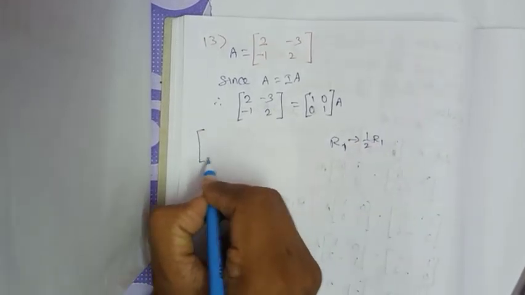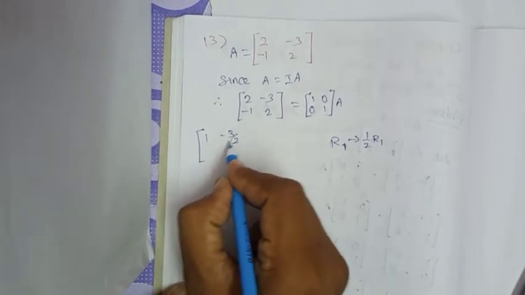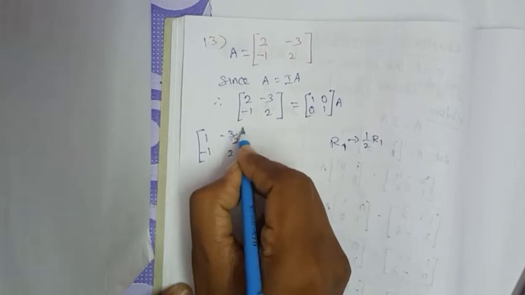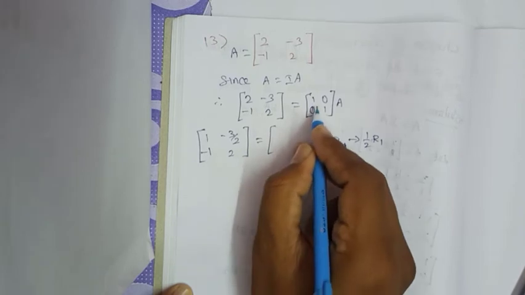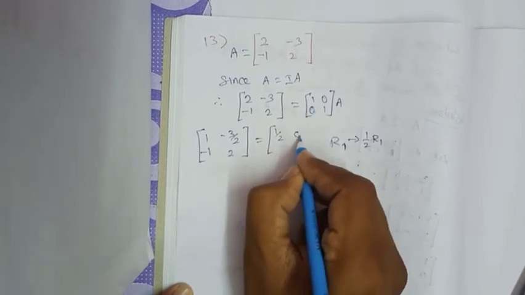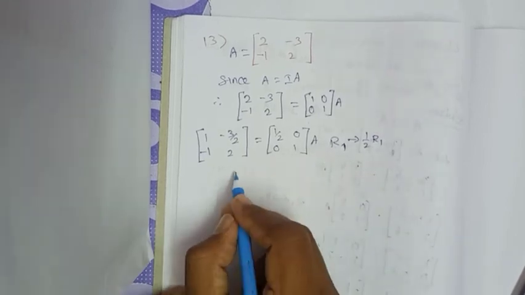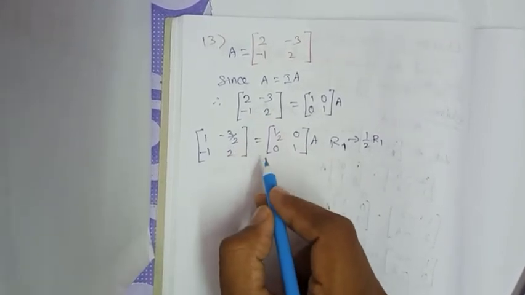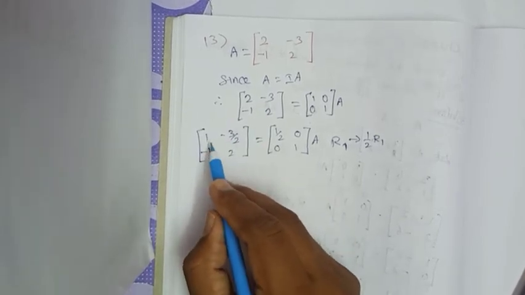Then we get 1, minus 3 by 2. The second row there is no changes, minus 1 and 2, which is equal to 1 by 2, 0, 0, 1 into A. Or we can say this term is fractional, so we easily convert this entry to 1.